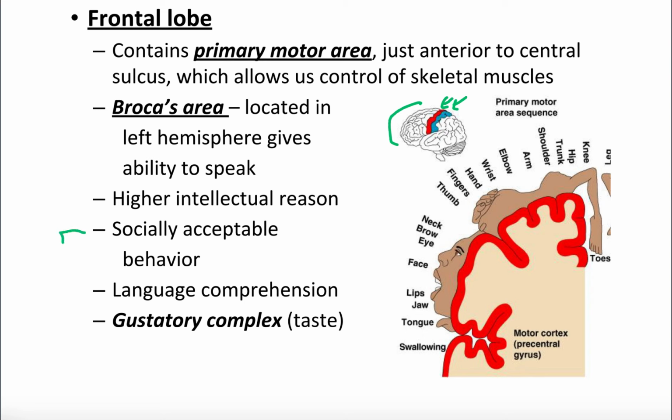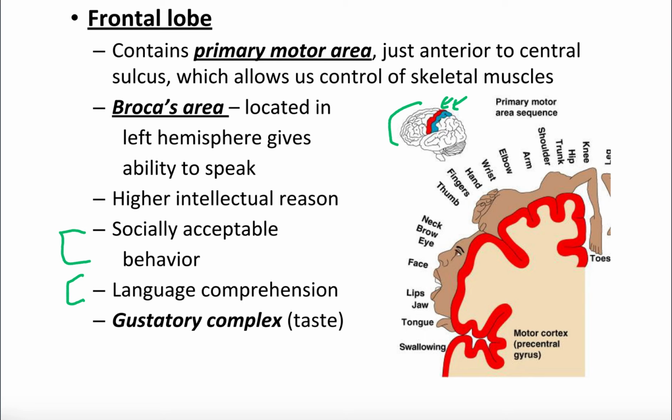It also is associated with socially acceptable behaviors, your social and emotional responses to things and stuff like that. It also allows for language comprehension, your ability to take in information from the world and process it and make an emotional or intellectual response to it. That's all in your frontal lobe. Basically, who you are and your personality is in your frontal lobe.